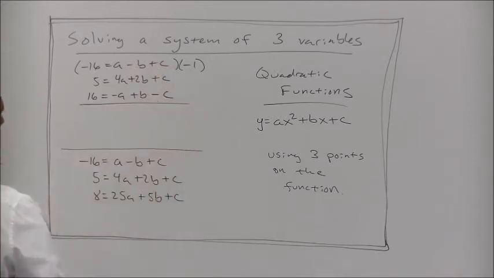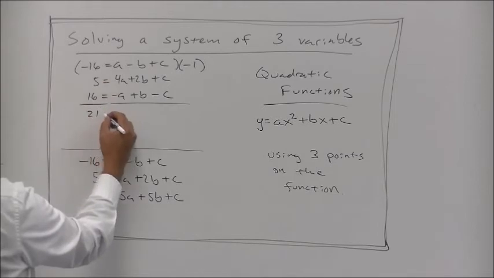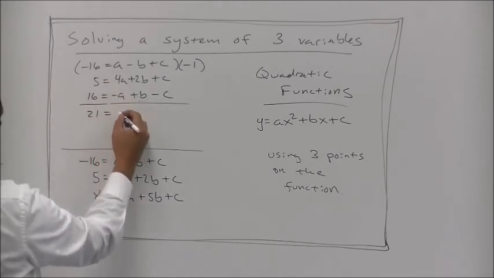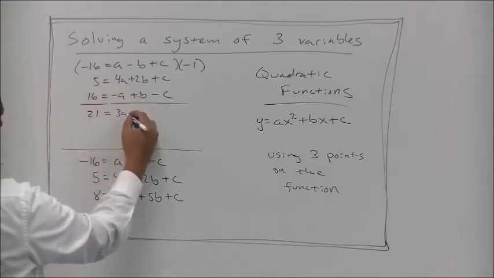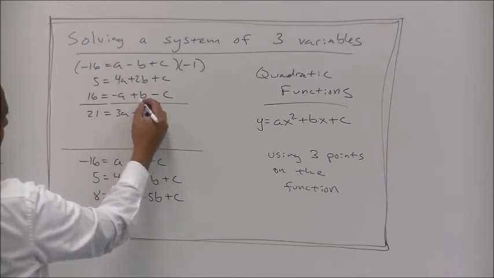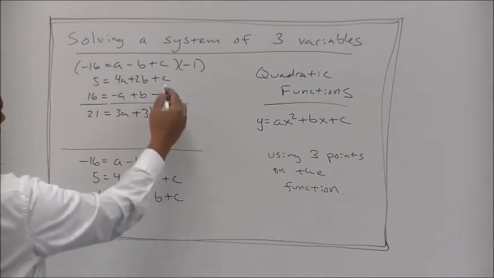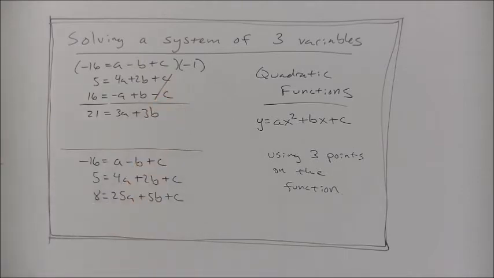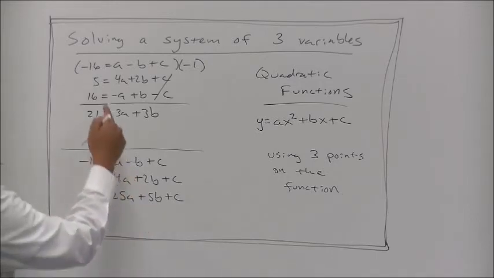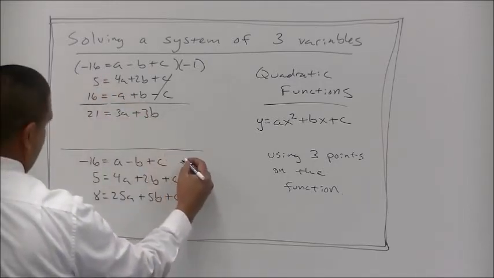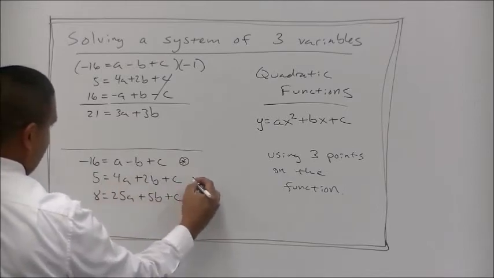Then we add those up. 21 equals 3A plus 3B. And those are gone, right? Adios. Uh-oh. Which two equations did I use? I used that guy and I used that guy, right?